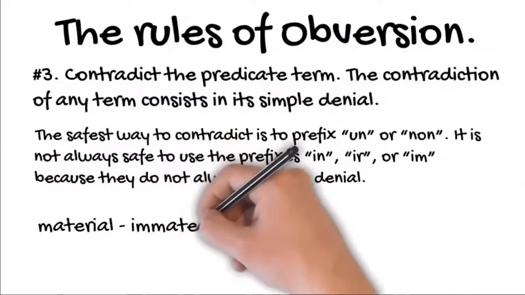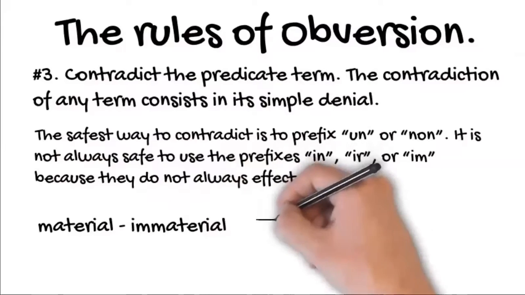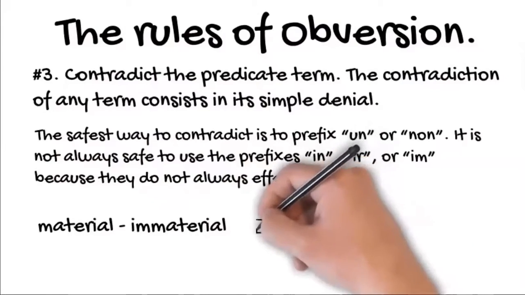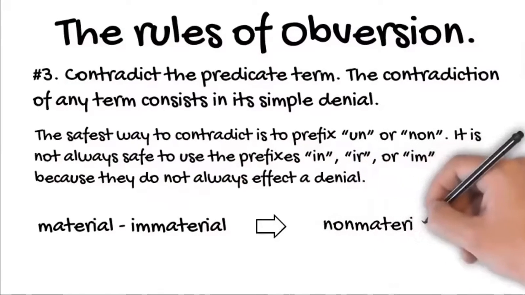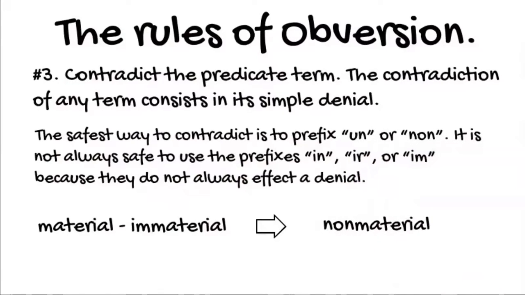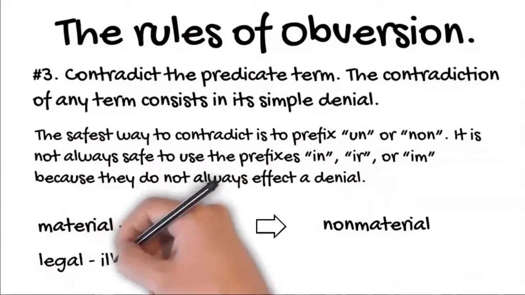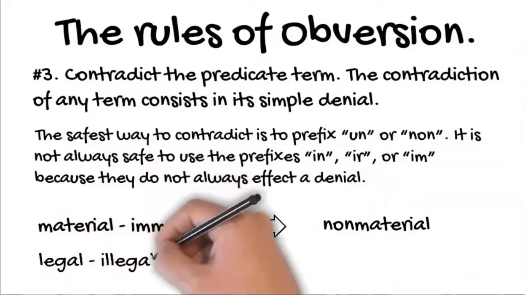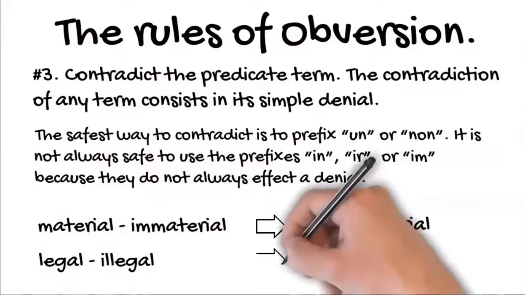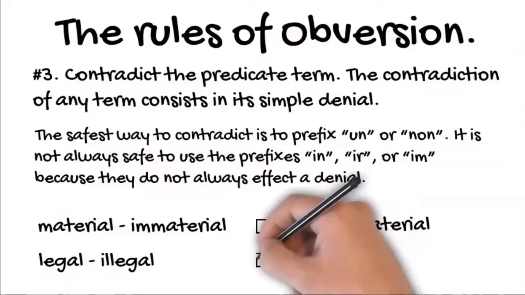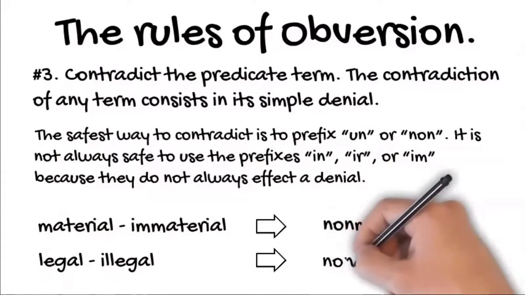If you use the term immaterial as contradiction to the term material, the term immaterial could not be the contradiction of the term material because the term immaterial could mean something not relevant. And for the term legal, to contradict it by having the term illegal is not a contradiction to the term legal because the term legal could also mean something unlawful.